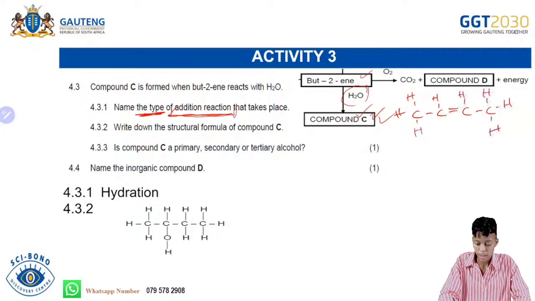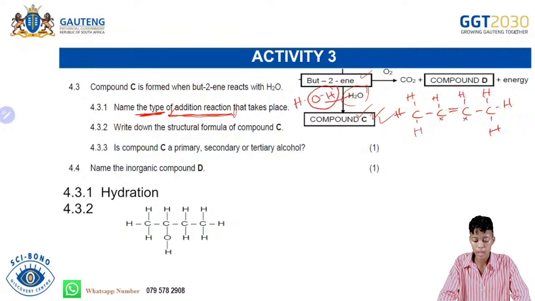And what is it that we need to add? We need to add H2O, and the H2O will be divided into H and OH. So between carbon number 2 and carbon number 3, you need to add H and OH. Again, in this case, you are not going to use Markovnikov. Why? Because carbon number 2 and carbon number 3 have an equal number of hydrogens.